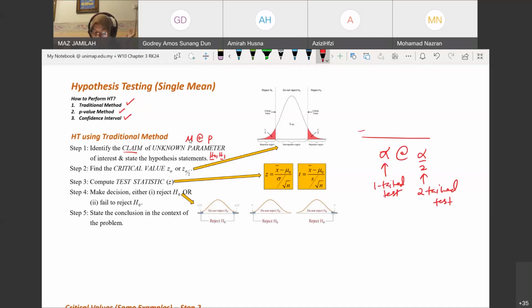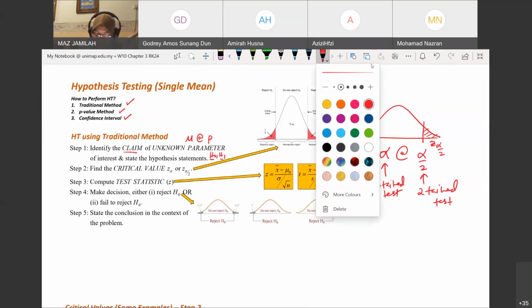Again, it reflects the upper tail or the lower tail of your standard normal Z distribution. So it's either both of these areas or just one of the areas. That will be the critical value. And where is the critical value? Of course, at Z alpha over 2, or either one of the alpha.